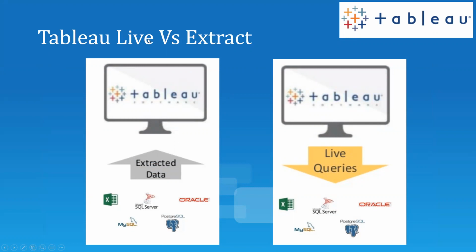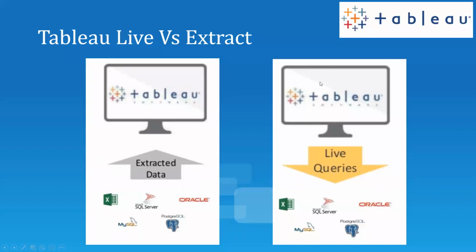The next one is there are two types of data connections we have in Tableau. First one is Tableau Live and the second is Tableau Extract. When we consider Tableau Live, from the right hand side here, the data stays at the source. It could be Excel, SQL Server, Oracle, and it sends live queries, every user interaction results in a query.